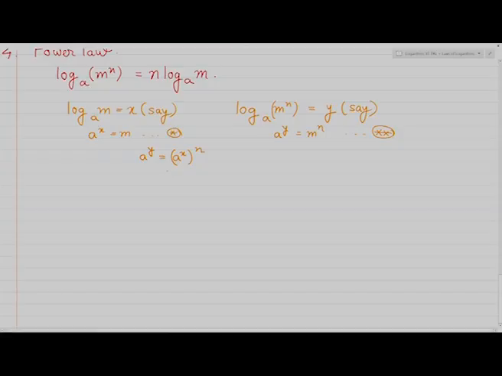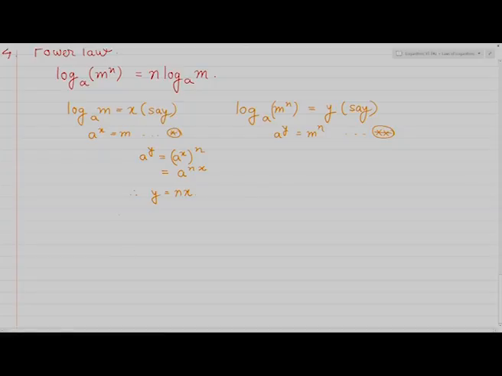According to the law of indices, which I have repeated very frequently, this is nothing but a raised to nx. If a raised to y is equal to a raised to nx, I know that exponential functions are well defined and one-one and onto on the respective domains. So I also know that y must be equal to nx.